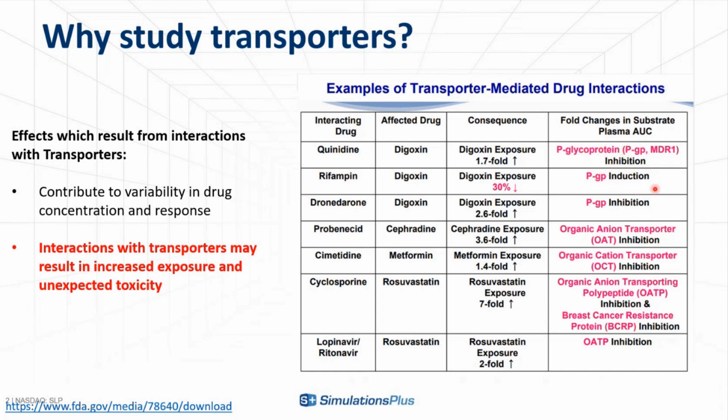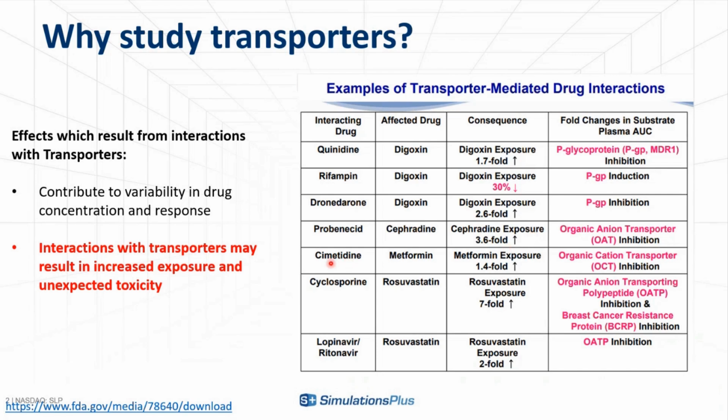They can also act as inducers through a phenomenon known as induction for PGP or for other transporters. And these kinds of interactions can contribute significantly to the variability of drug concentration and response.